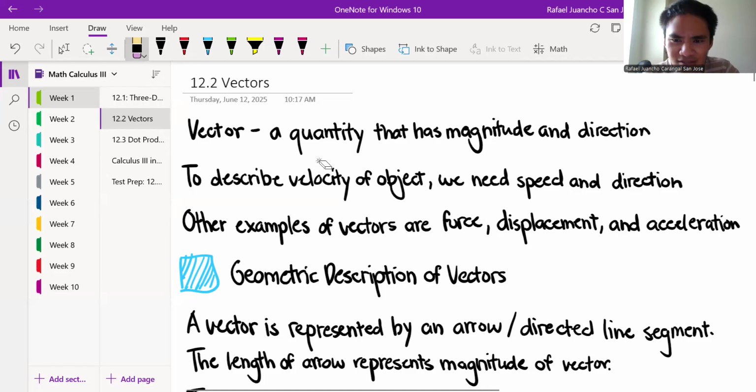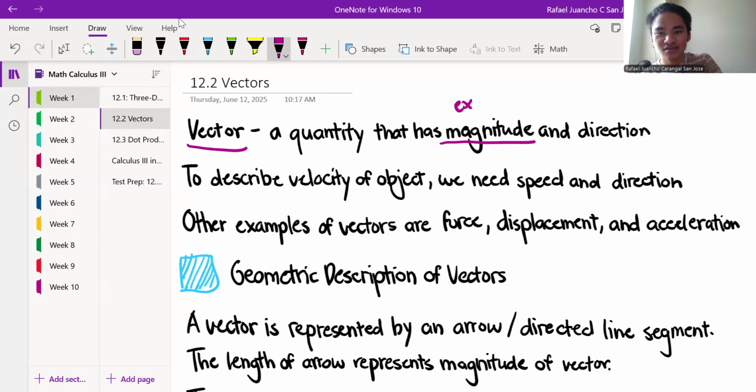And then the velocity, it's kind of synonymous, right? A vector is kind of like a velocity, because a vector has a magnitude, which is like the extent of something.